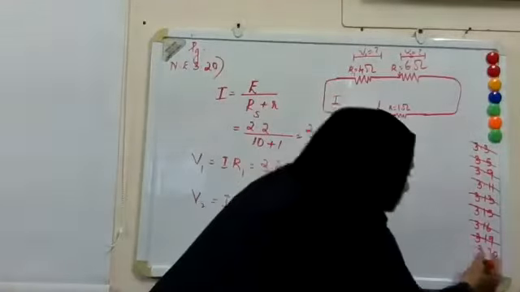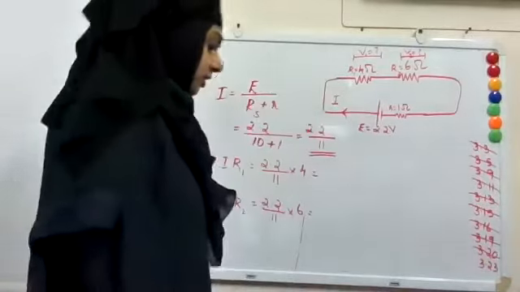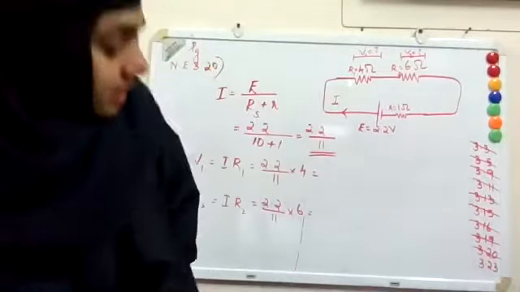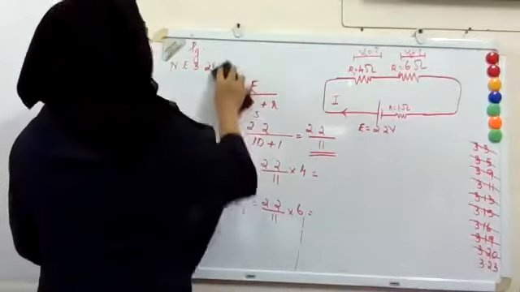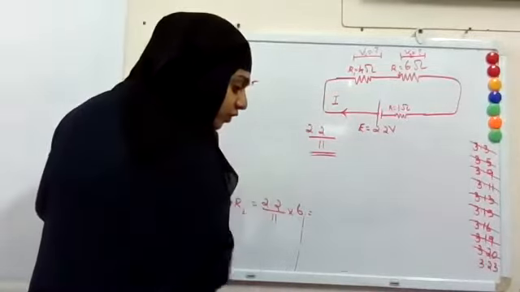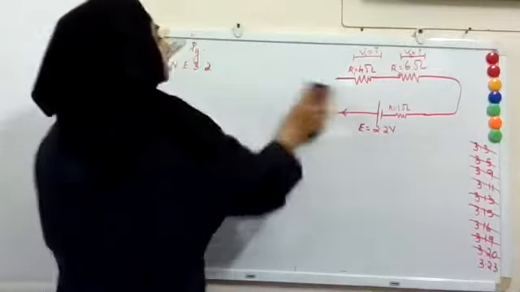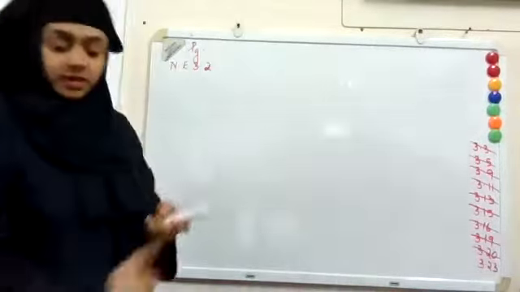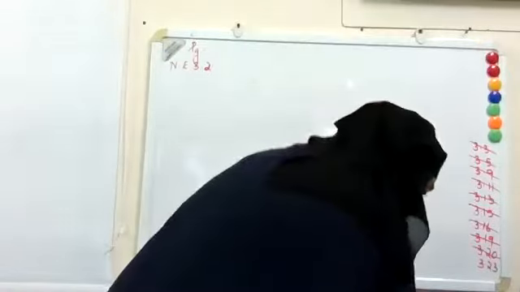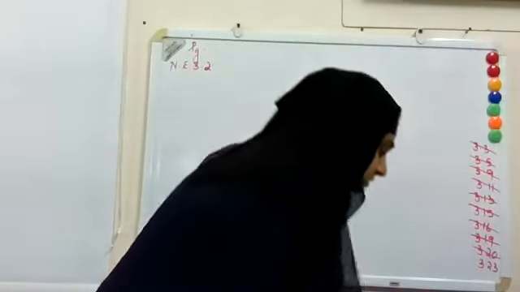last doubt, which is 323. The question is, if 9 cells, each of 1.5 volt EMF, are arranged in parallel, so there are 9 cells connected in parallel and connected with a 1 ohm resistance.